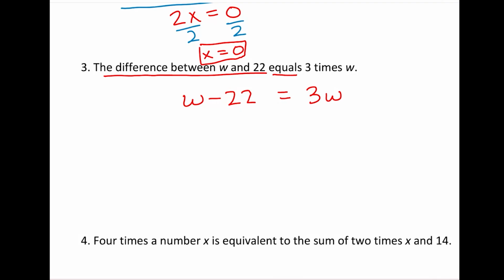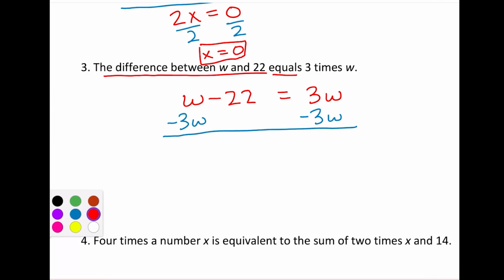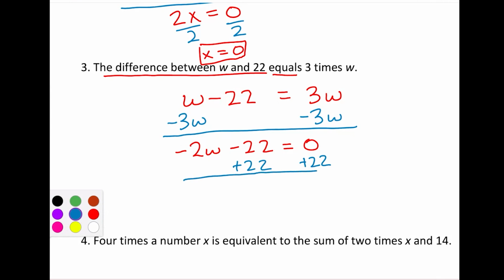On a problem like this, I would start by subtracting 3w from both sides. And that is going to leave us with 0 on the right-hand side. So w minus 3w would be negative 2w minus 22 equals 0. Adding 22 to both sides will give me negative 2w equals 22.